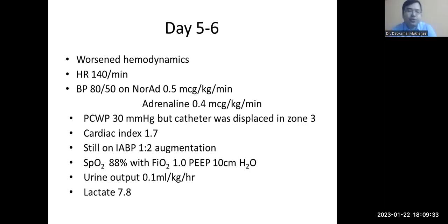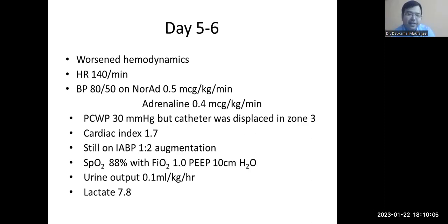The cardiac output is equal to stroke volume into heart rate. The stroke volume is dependent on different factors like preload, contraction, and afterload. The diastolic BP gives us the systemic resistance. A simple question: what is the relationship between MAP or the blood pressure and cardiac index or cardiac output?